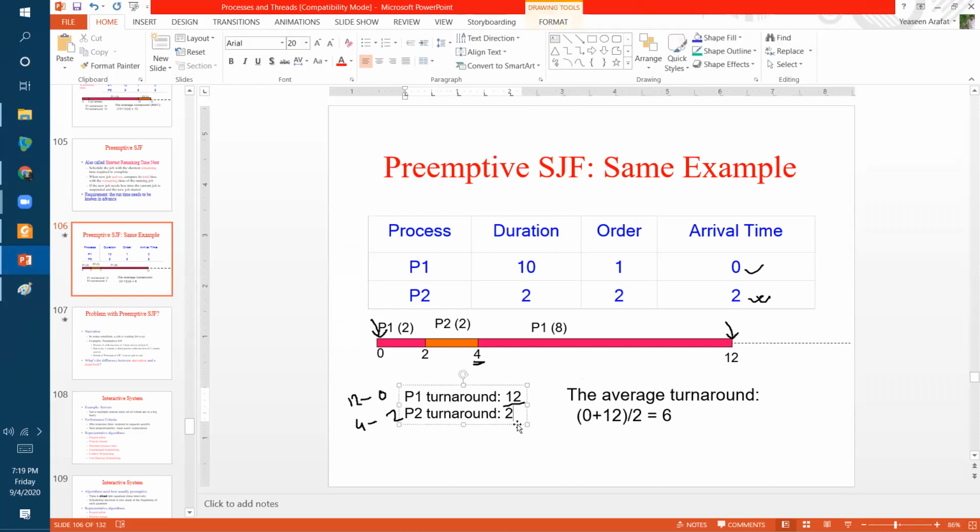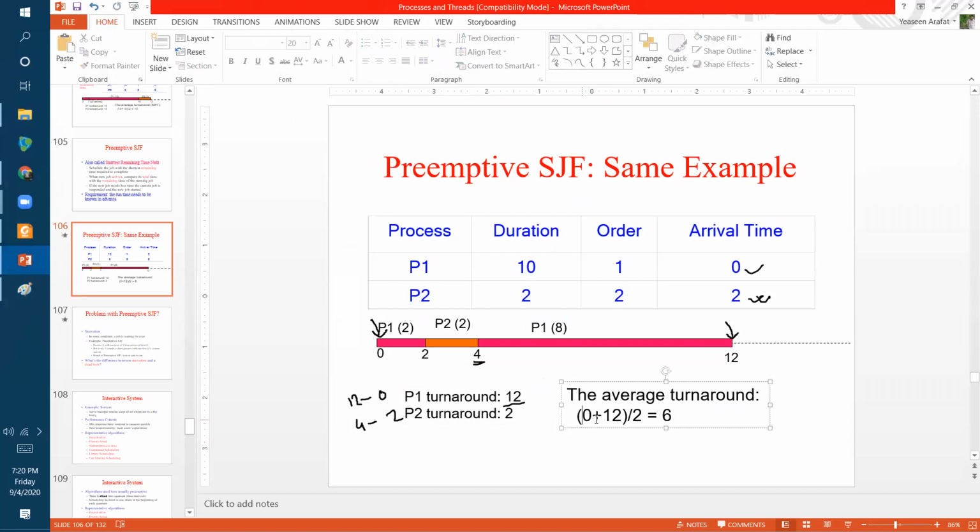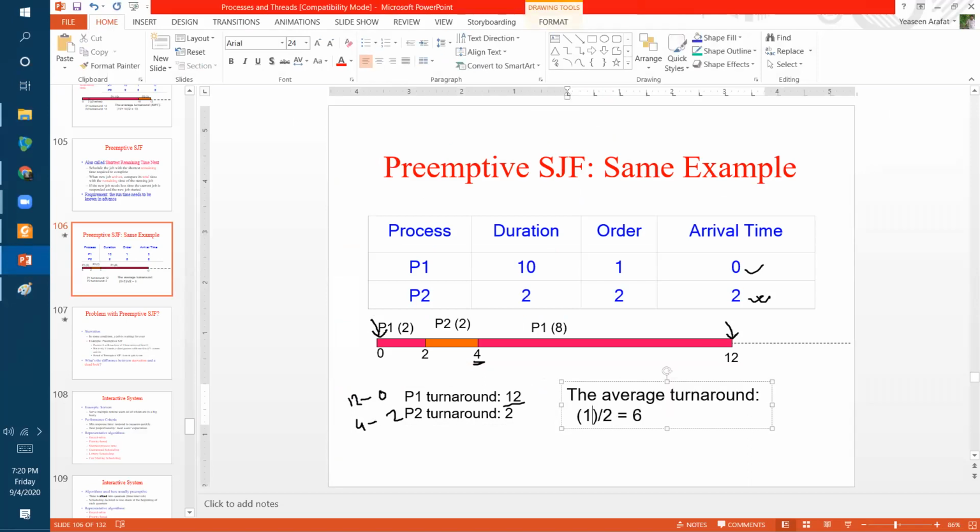I fixed this issue before, but right now I am not sure. Maybe it should be 12 plus 2, divided by 2, which is 7, and that will be the turnaround time.